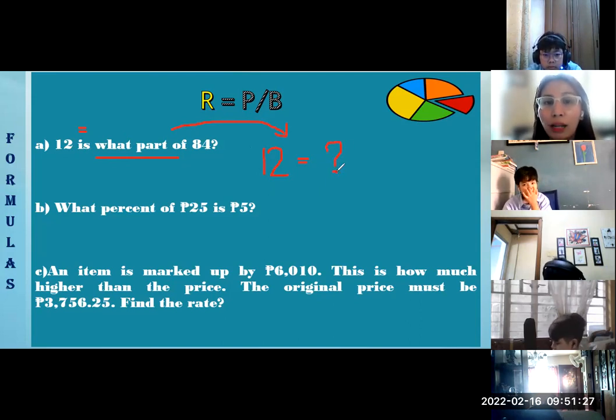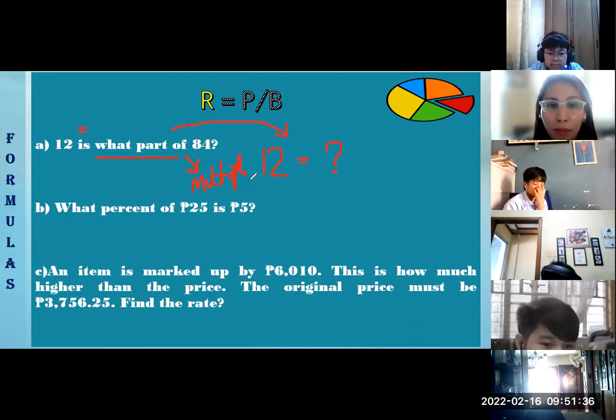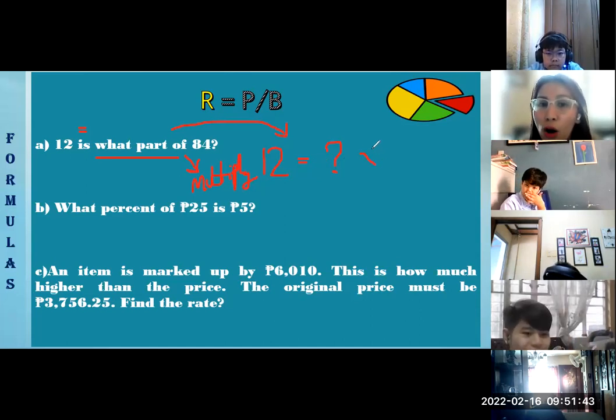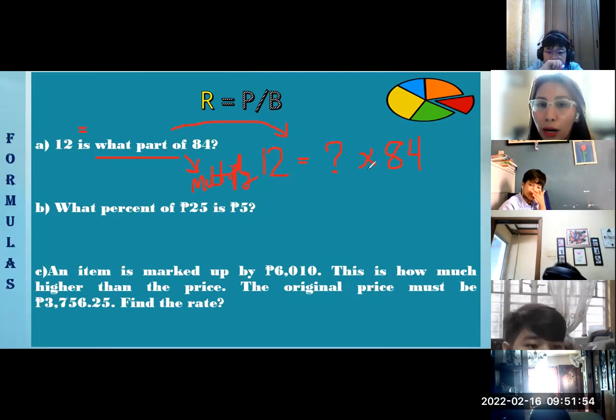Question mark natin. And then the of, it means you multiply. 12 equals or is what part and then of 84. Ganyan po. 12 is equal to what part of 84.